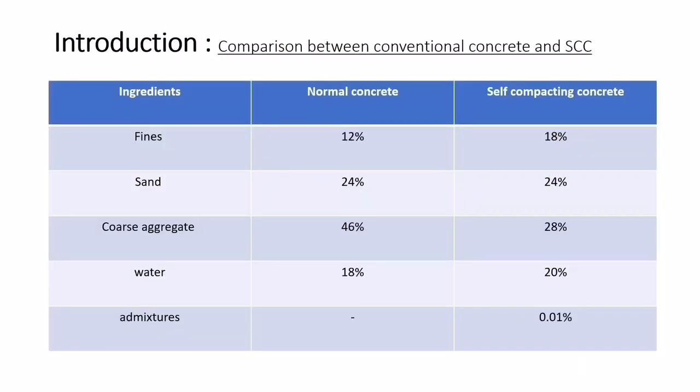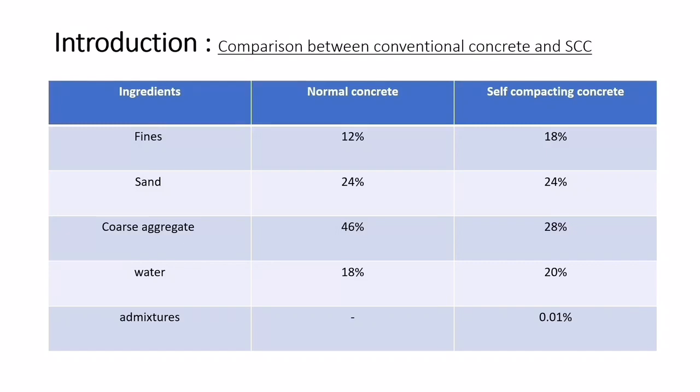Comparison between conventional concrete and SCC. For fine ingredients, normal concrete has about 12% and SCC has 18%. So more fines for SCC make it more workable. We have the same percent of sand for the two types, 24%.